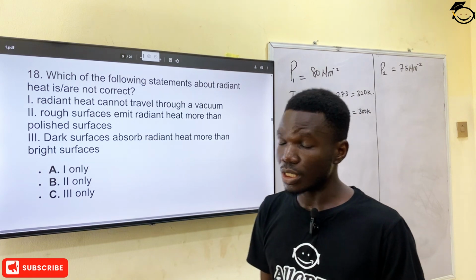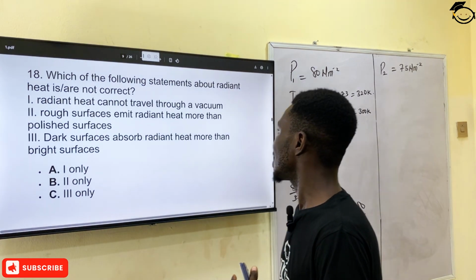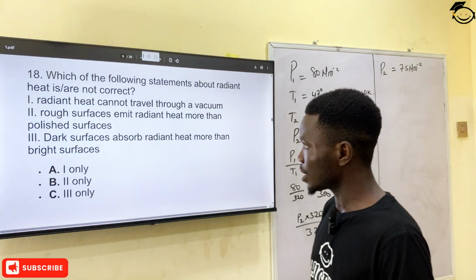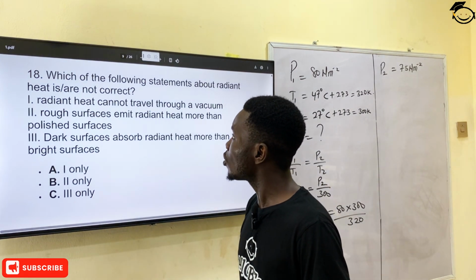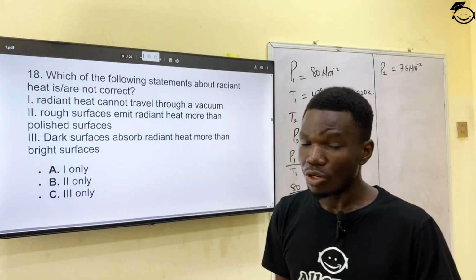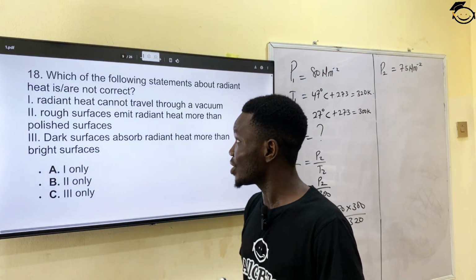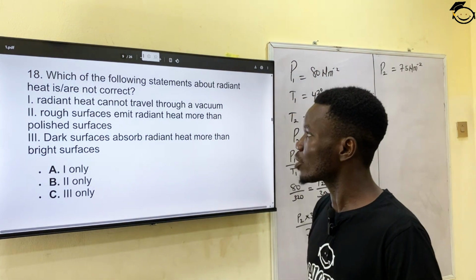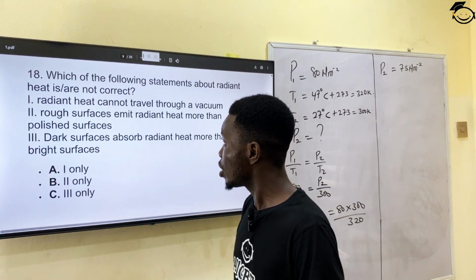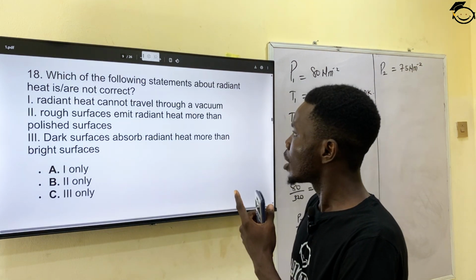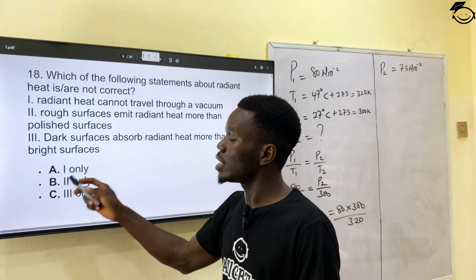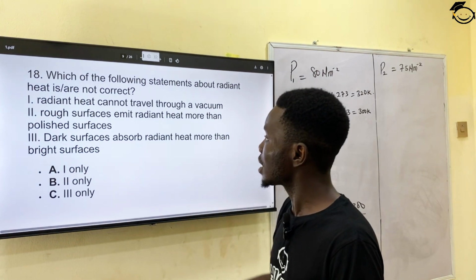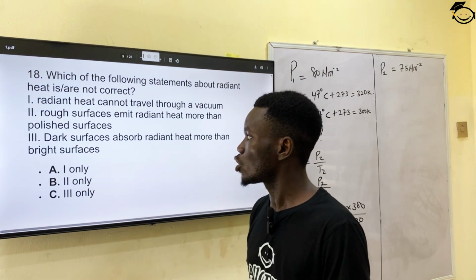And option C says dark surfaces absorb radiant heat more than bright surfaces. So looking at all of these, the only one that is not correct there is Roman figure 1, which says that radiant heat cannot travel through a vacuum. Radiant heat can travel through a vacuum. So it means that option A here is our correct answer, because it says I only is not correct.